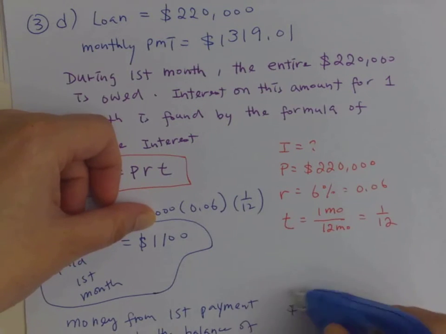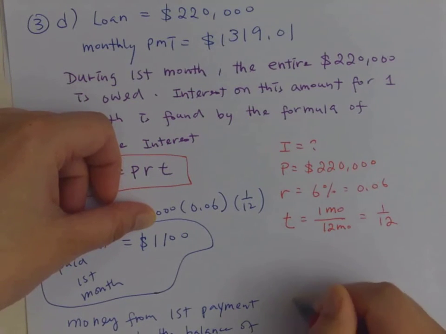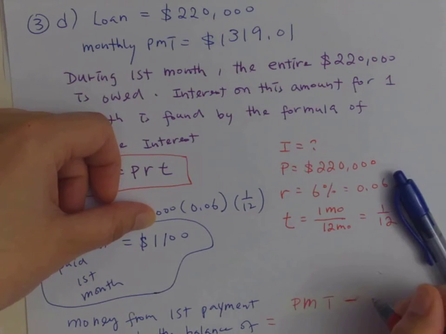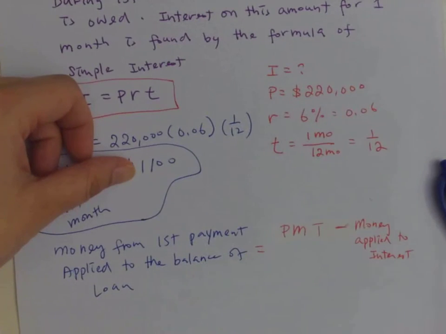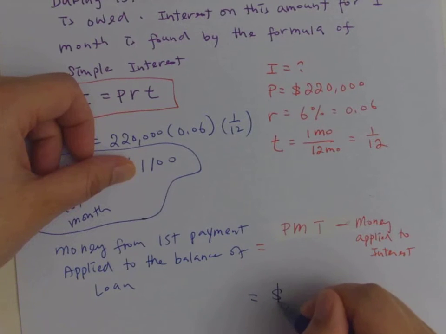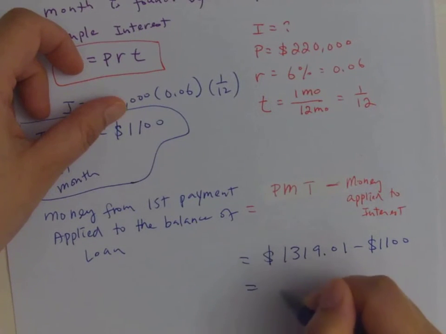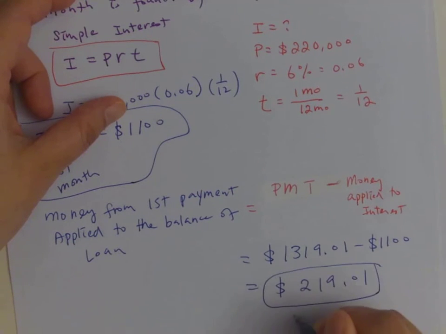You start with your payment, subtracting the money that goes to the interest, right? So this would be payment subtracting money applied to interest. That would be 1319.01 minus 1100, so actually only $219.01 is applied to the loan.